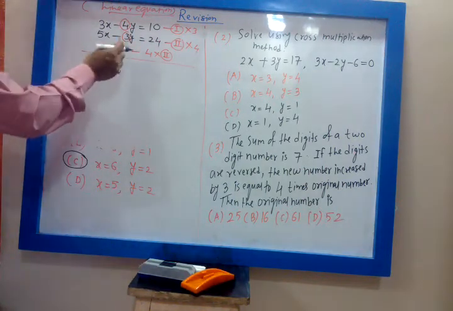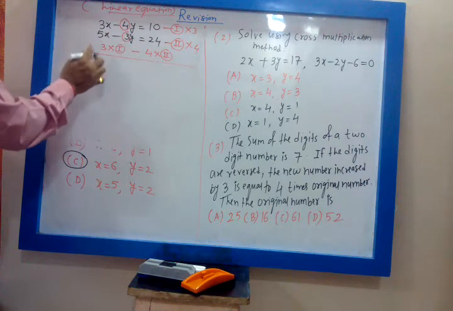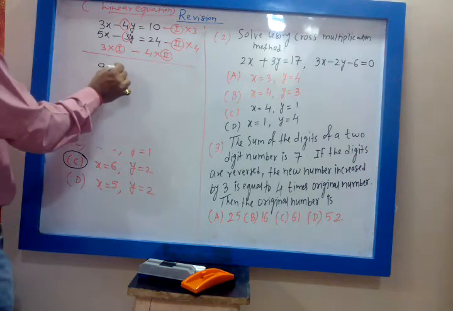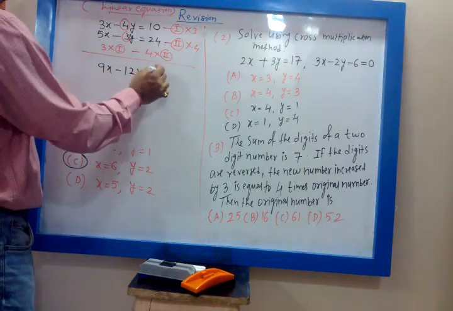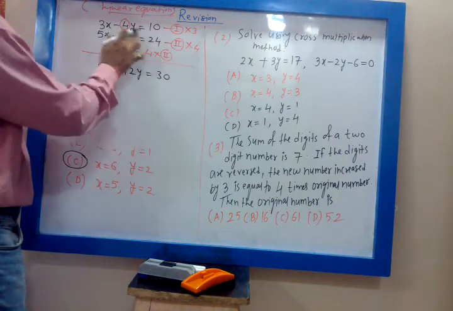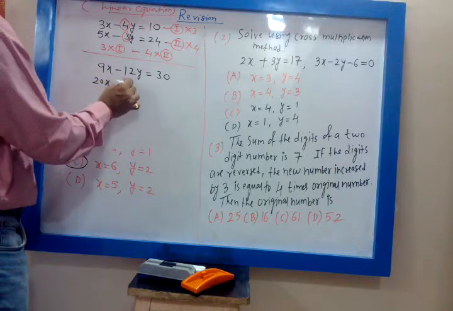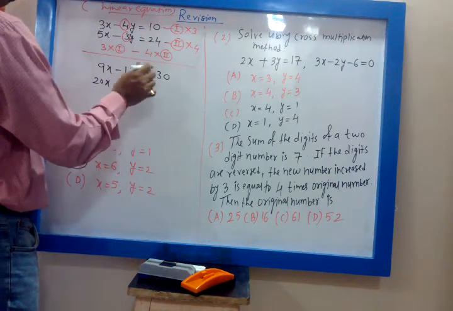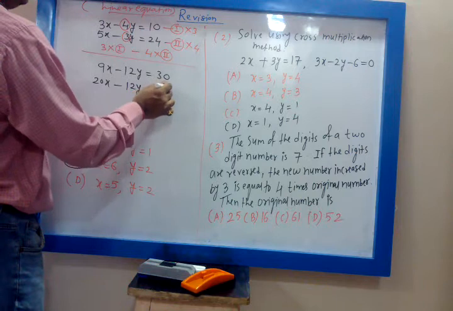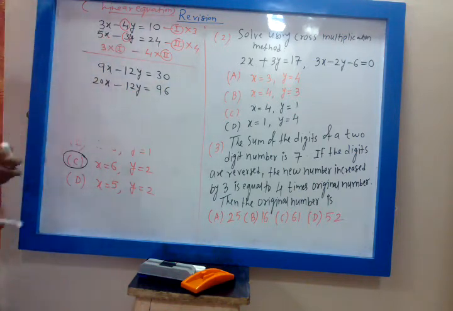So equation 1 we multiply by 3: 9x minus 12y is equal to 30. Equation 2 by 4: 20x minus 12y is equal to 96. And minus is there. Minus means you have to change the sign of the second equation.